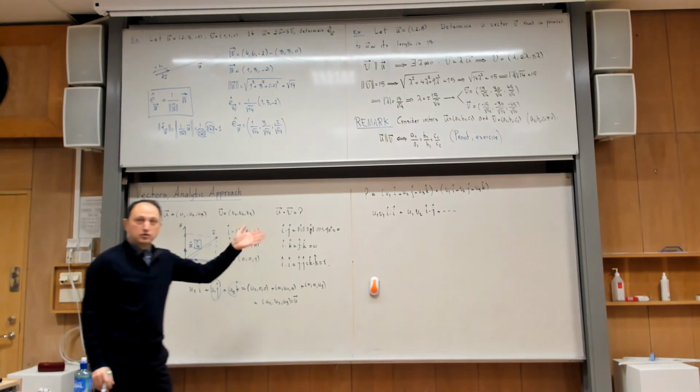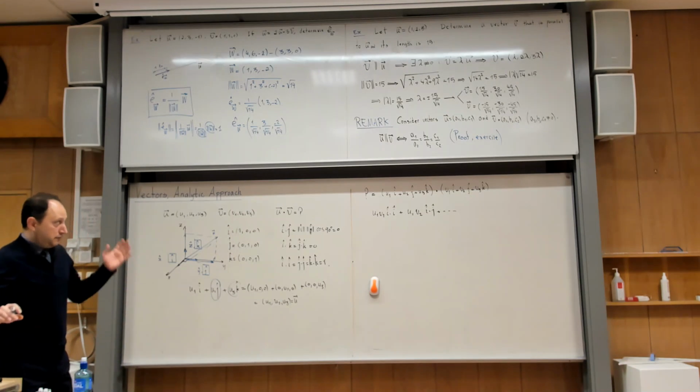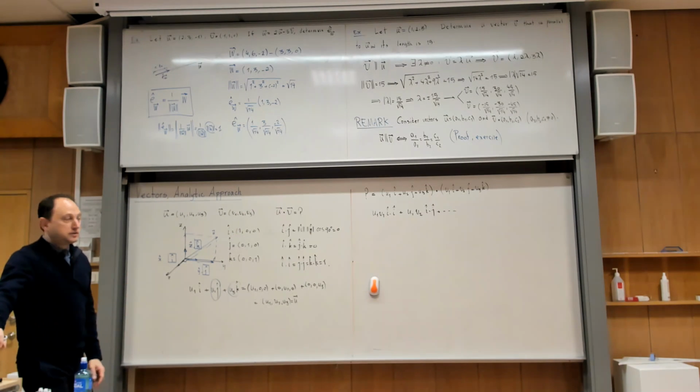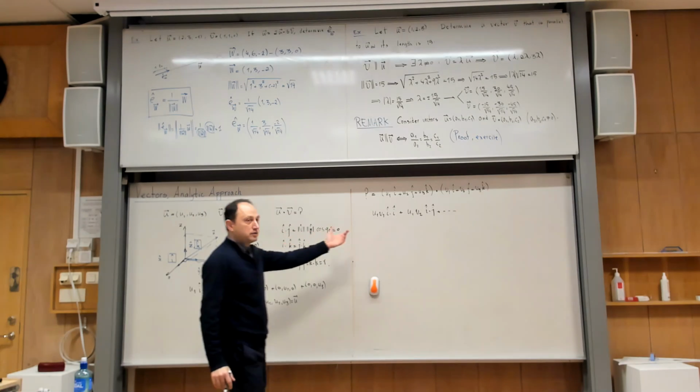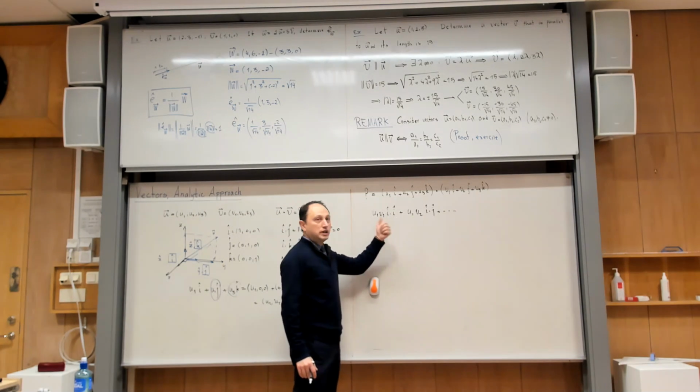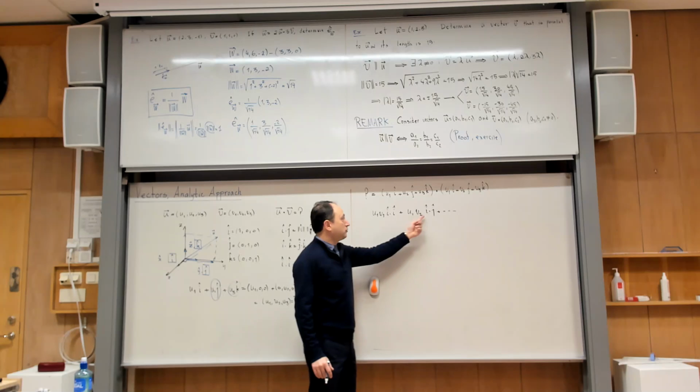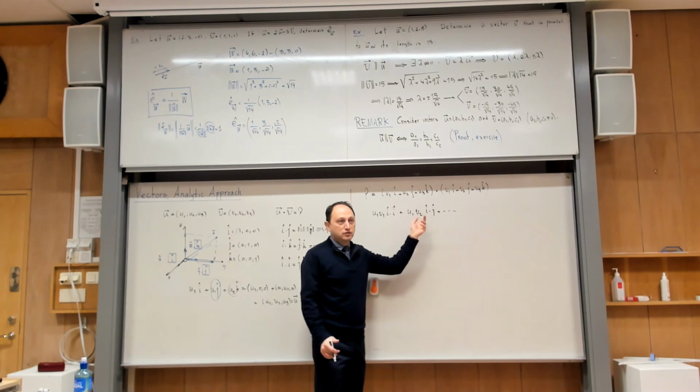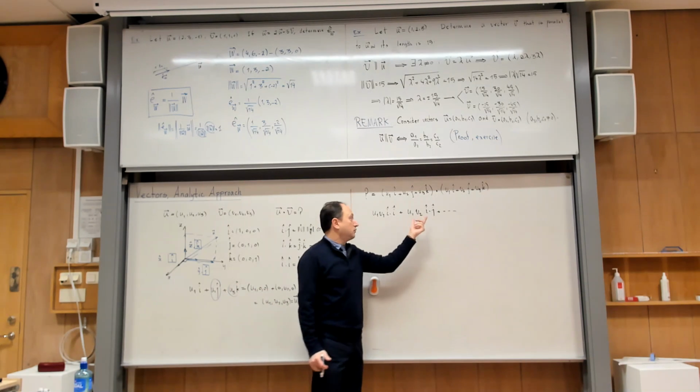Okay, so if I do this process, there would be 9 terms, but all of them vanish except how many of them? 3 of them. Which one will survive? The first one will survive, yes, because i dot i is 1. But the second one will not survive because i dot j is 0, yes? Okay, and then what happens?